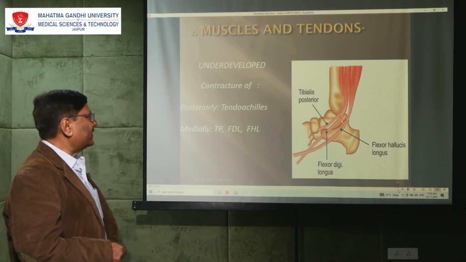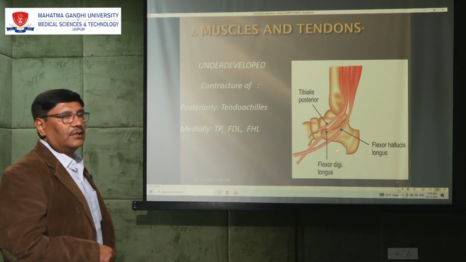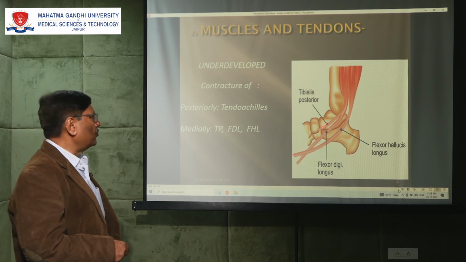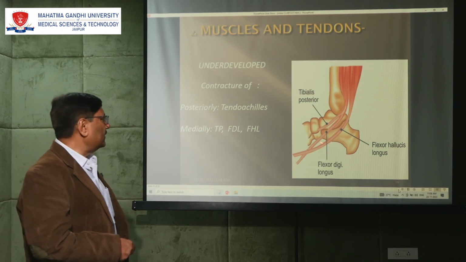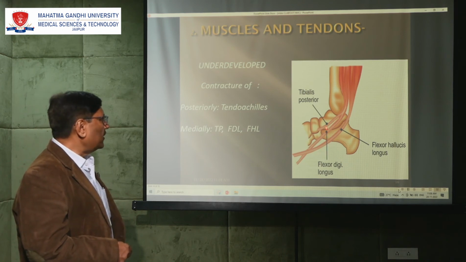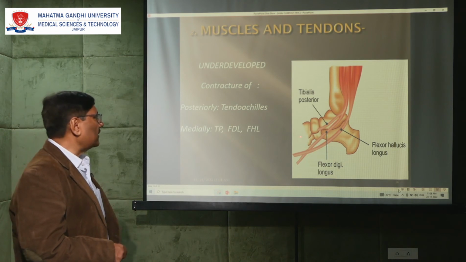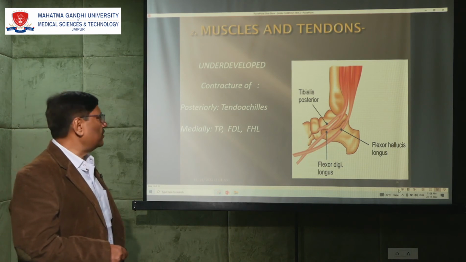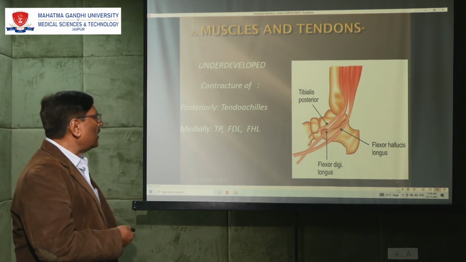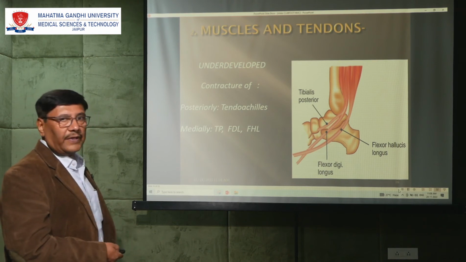So all these structures are contracted, and in the treatment we either have to stretch it or lengthen the muscles. Also important is that here when we open it, we see a dense fibrous fibrocartilage structure which encases all these tendons and results in contracture that needs excision whenever we are doing an open surgery. So that is called Henry's knot, knot of Henry.